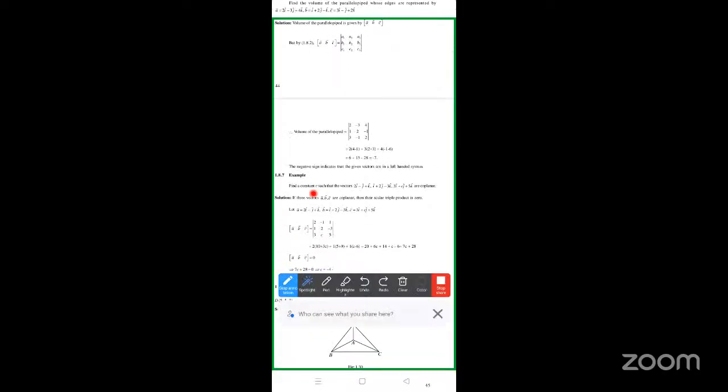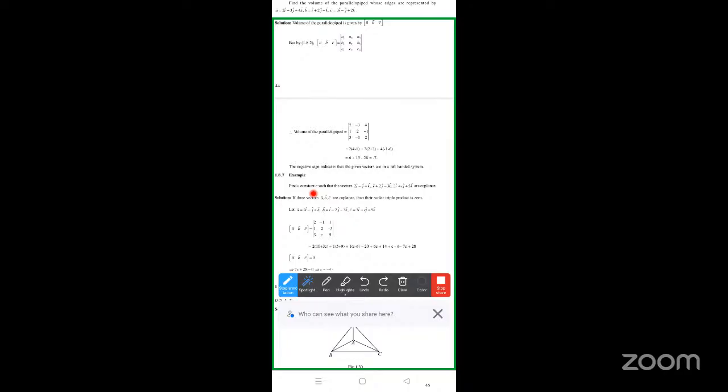Example: find a constant C such that the given vectors are coplanar. Given vectors are coplanar means box ABC is zero. If the three vectors A, B, C are coplanar, then their scalar triple product is zero. A bar is equal to 2i minus j plus k, B bar is equal to i plus 2j minus 3k, C bar is equal to 3i plus cj plus 5k.